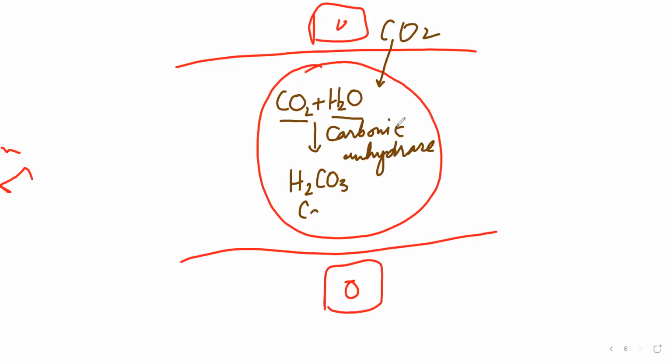What is this product? Carbonic acid. I told you maybe in the previous lessons that carbon dioxide is actually something that allows us to breathe more. So all this is happening just to take up more oxygen from the lungs. When carbonic acid is formed, it will dissociate into carbonates, that is HCO3, and hydrogen ions.